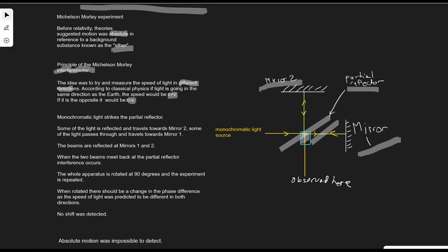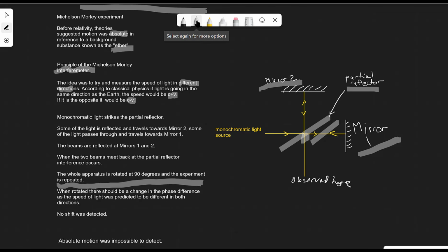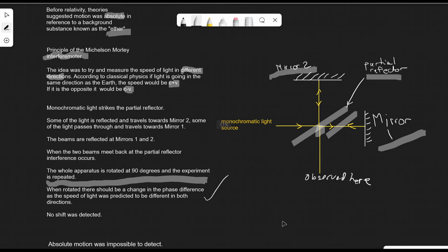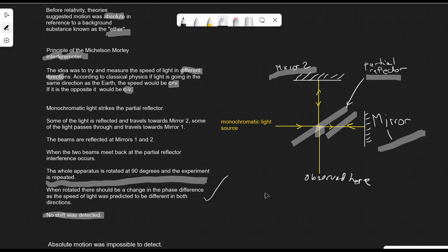The idea here is that the whole apparatus is then rotated by 90 degrees, and this experiment is then repeated. Now, if the ether theory is correct, there should be a change in the phase difference between the two reflected beams as they're coming back and interfering with one another. However, no such shift was detected at all.